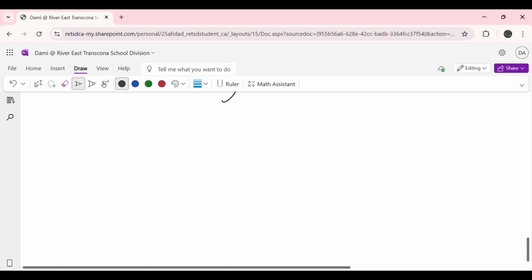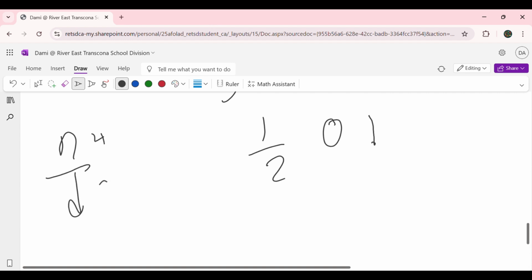Hack number 3. How to estimate fractions without calculating. How we are going to do it is very simple. We're going to use these known benchmarks: 1/2, 0, and 1. When the numerator, the one on top, is half of the denominator, so if this is 4 and this is 8, we know this would be around 0.5.